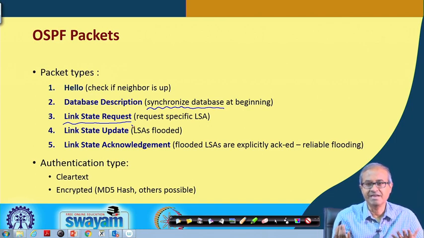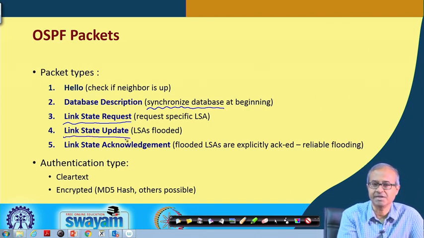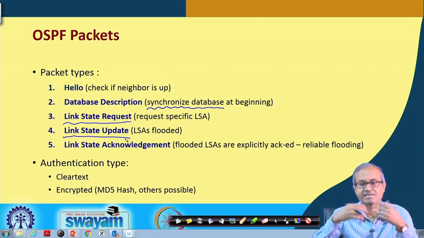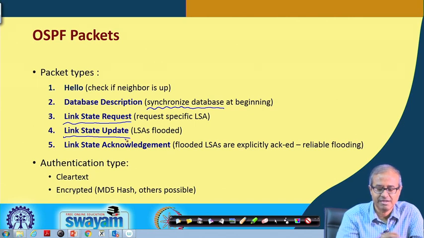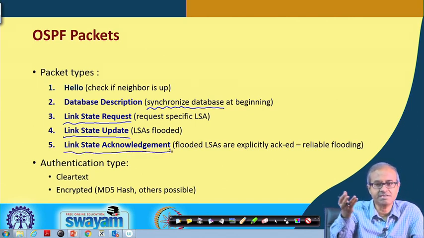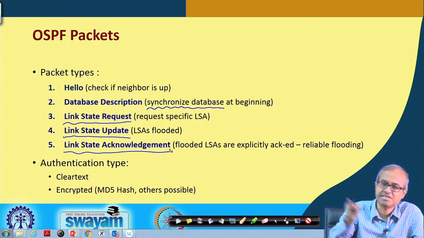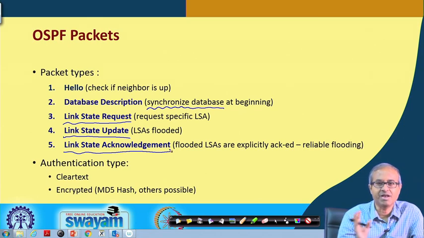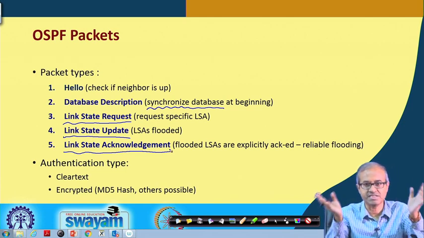And link state update is the actual link state information which a router sends to some other router. And link state acknowledgement means that once some router receives a link state advertisement, it will send back an acknowledgement that it has received it correctly, so that other routers know that what was sent was received correctly.